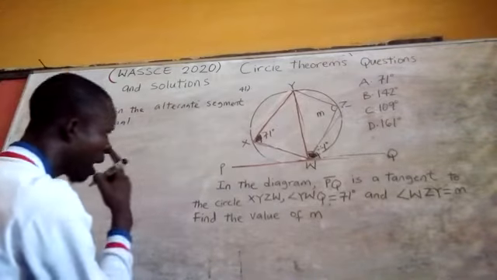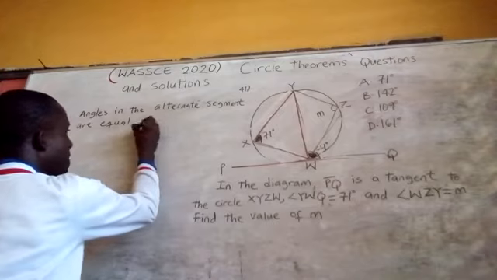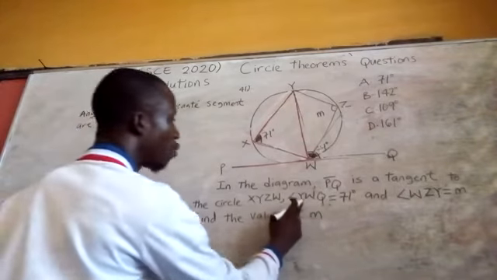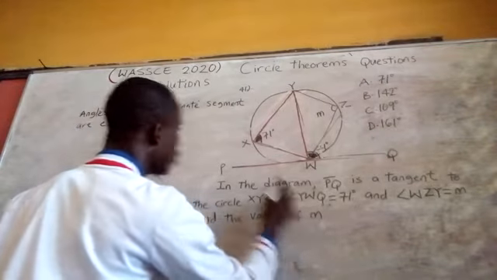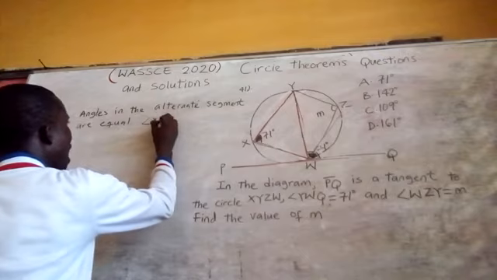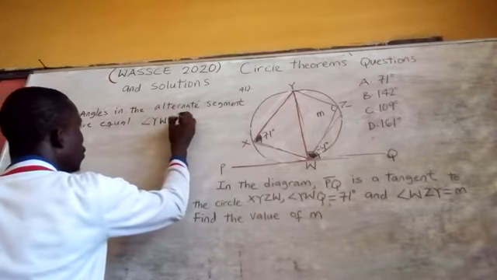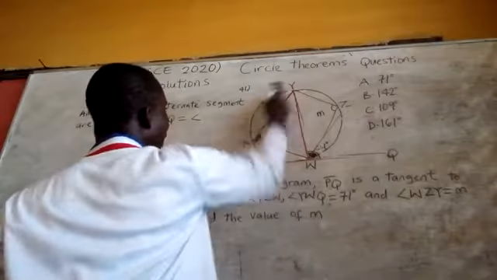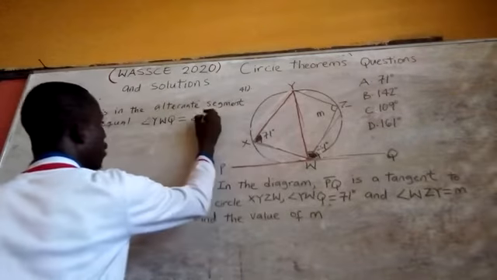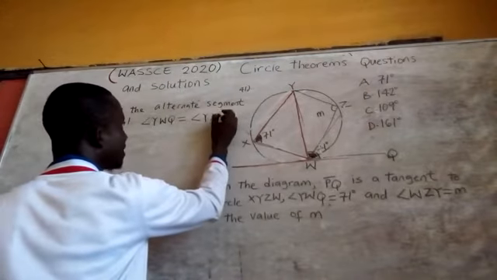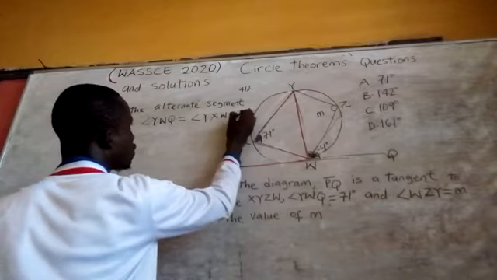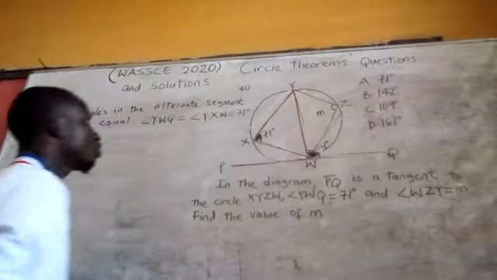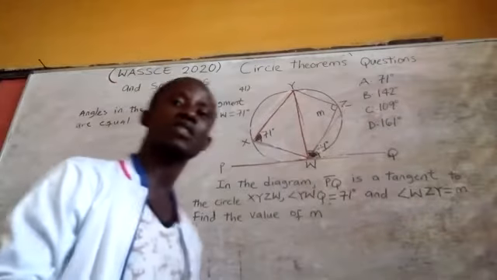Therefore we have angle YWQ equal to angle YXW, all equal to 71 degrees, because they are angles in the alternate segments.